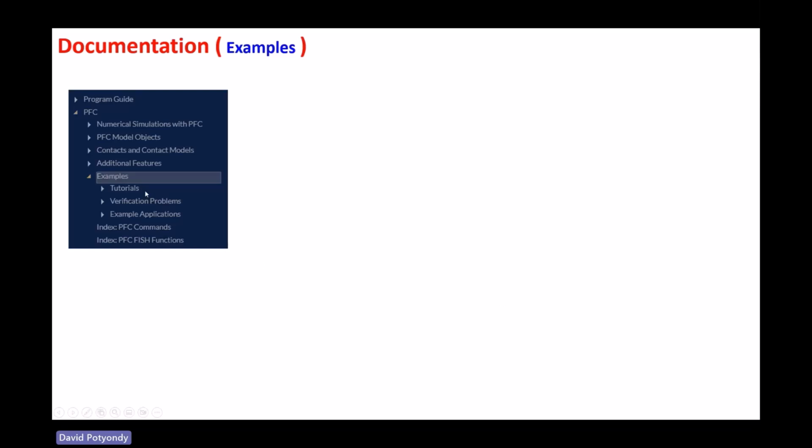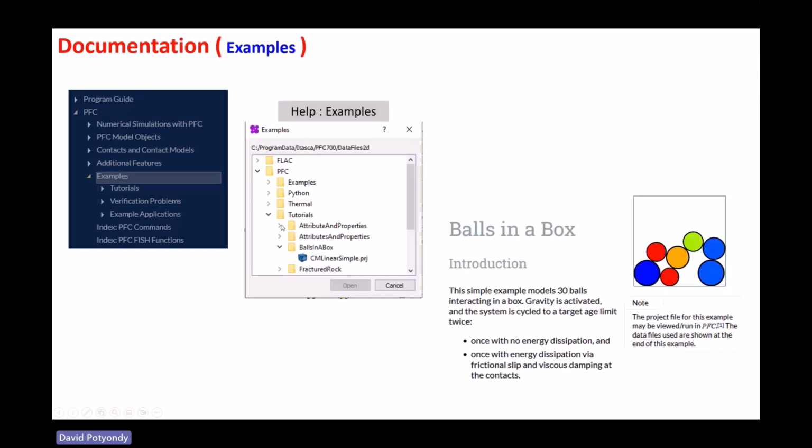There are tutorials and verification problems, where we try to have something with a closed-form solution and then compare the results. For example, we go into examples and these are data files that were installed with the program. We can drill down into PFC tutorials, and I'll show you this in a second. We're going to get to a tutorial called balls in a box.